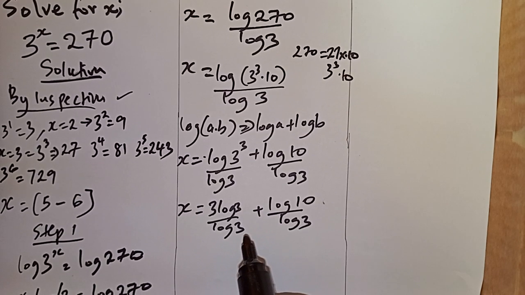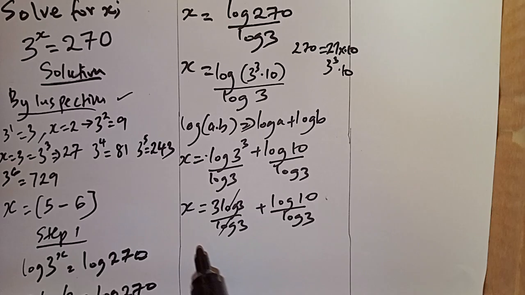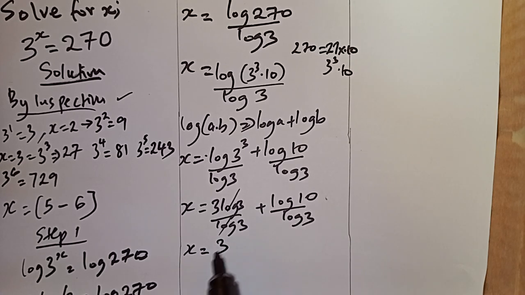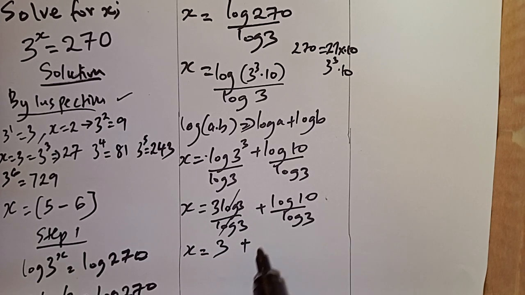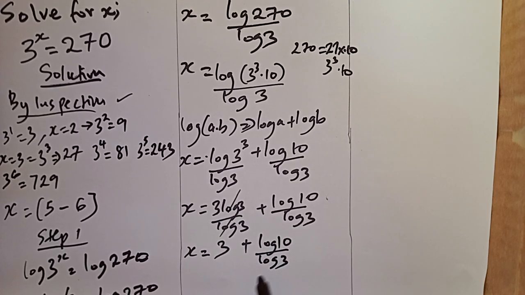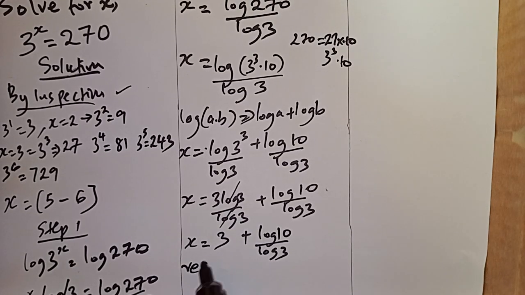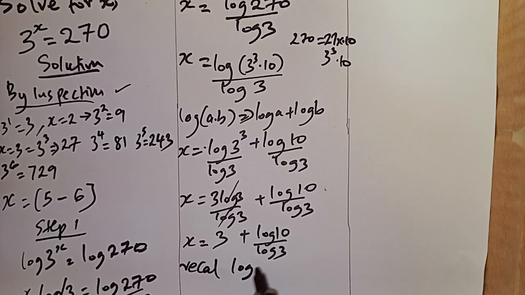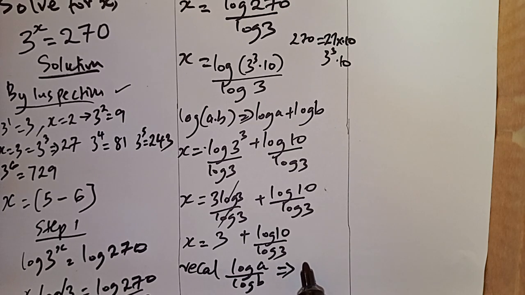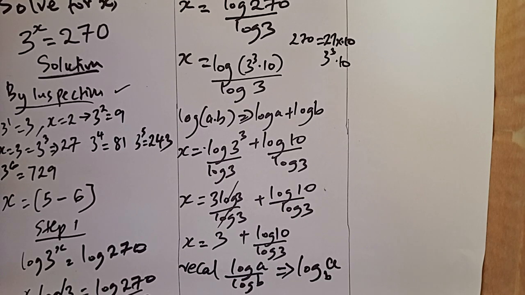With simple arithmetic manipulation, we have x equals 3 plus the log 10 divided by the log 3. And I want to remind you of another recall: wherever you are dividing the log a by the log b, we can write this as a single log, log a to the base b.